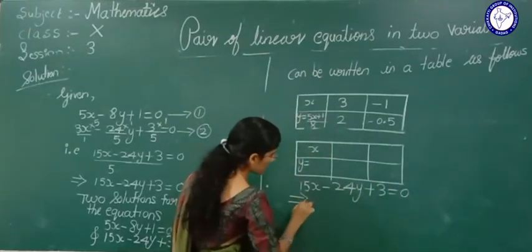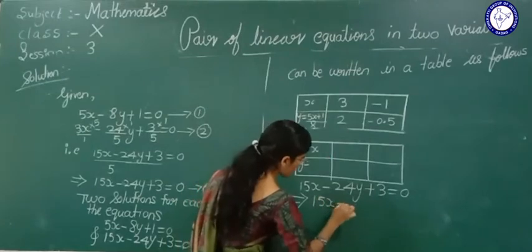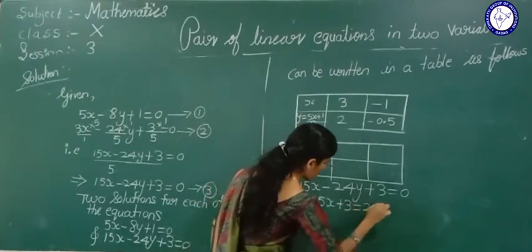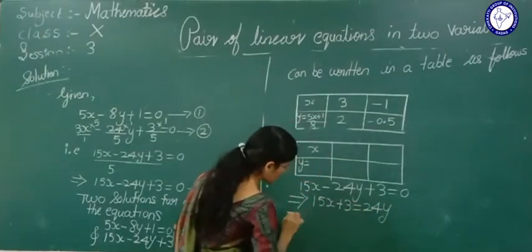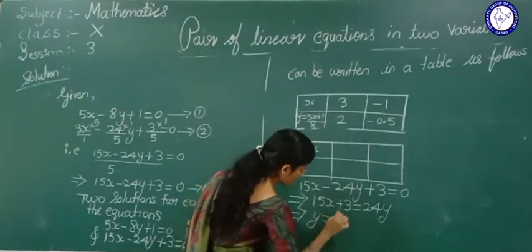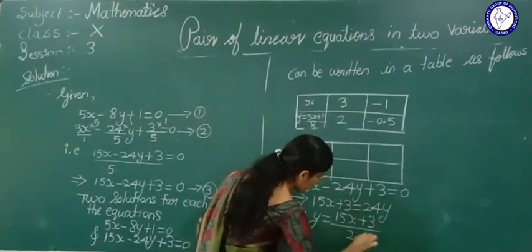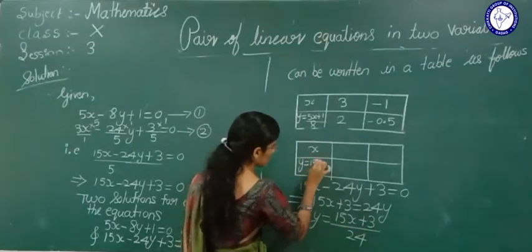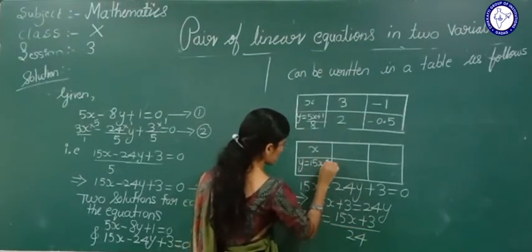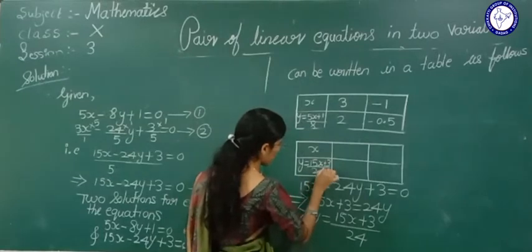So this implies 15x plus 3 is equal to 24y. So y is equal to (15x plus 3) divided by 24.